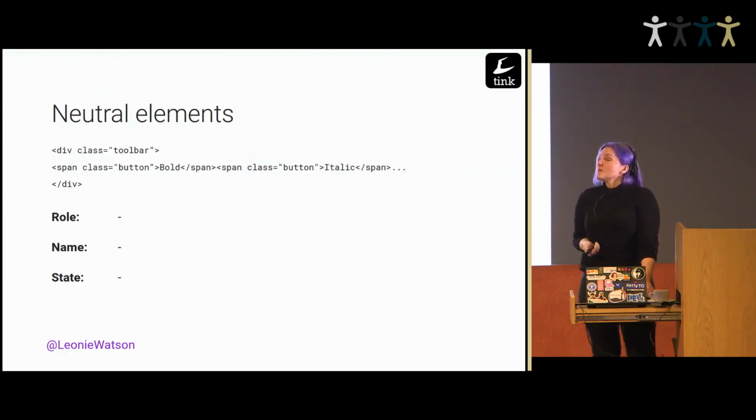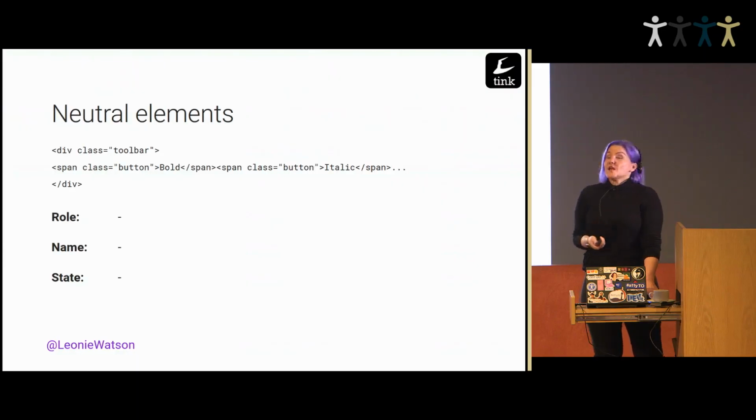The accessibility problem is that div and span elements are effectively meaningless in accessibility terms. They don't have a particular role, they don't have a particular state, you can't interact with them, and the browser doesn't provide any form of interaction, mouse support, keyboard support, none of it.